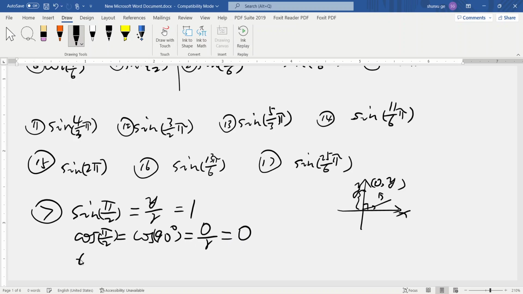So tangent pi over 2 equals y over x, because now x becomes 0, y over 0, so it does not exist.